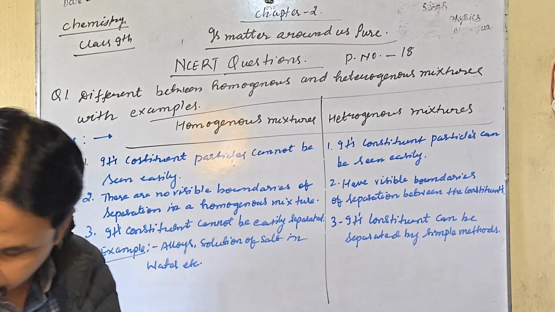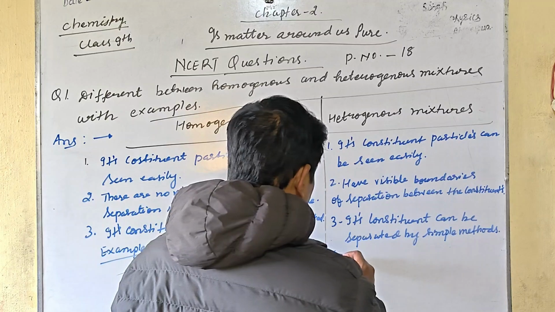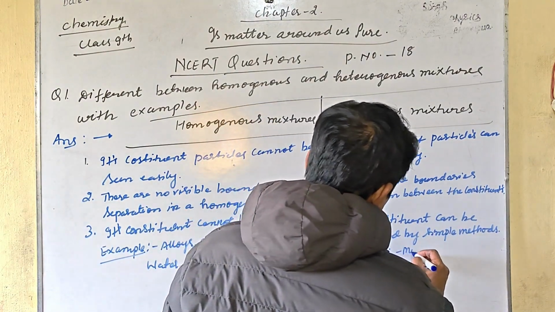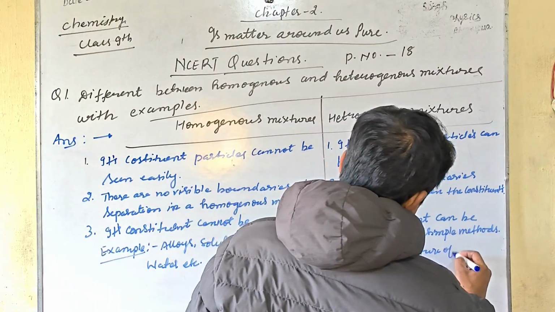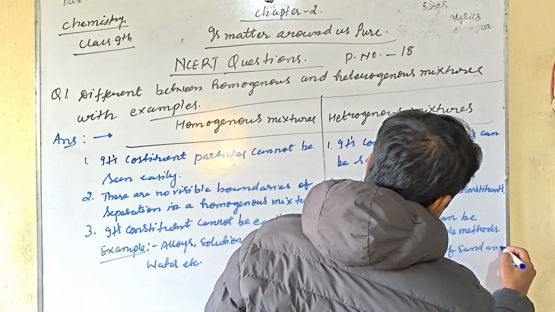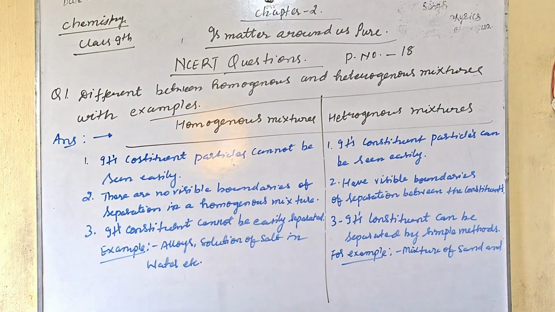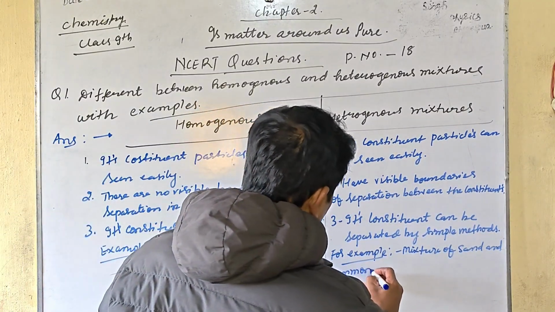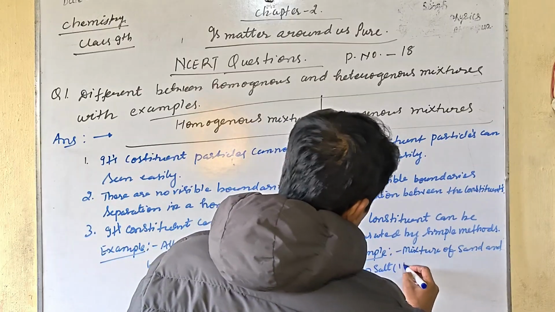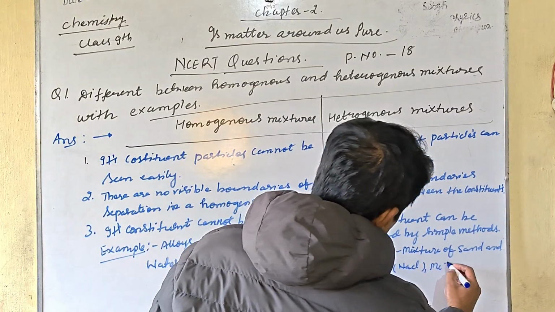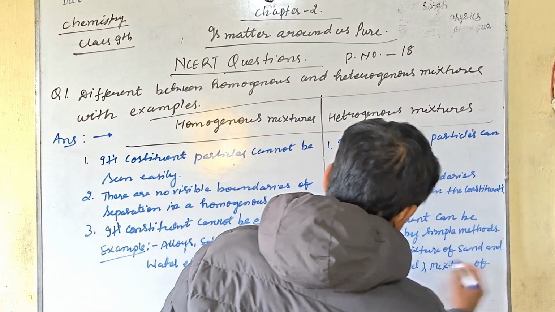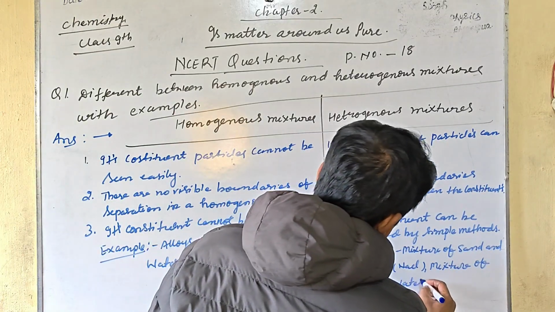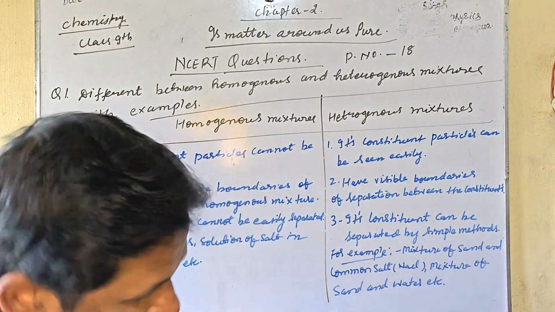For example, a mixture of sand and common salt, whose formula is NaCl, a mixture of sand and water, etc. So these are the points of difference.